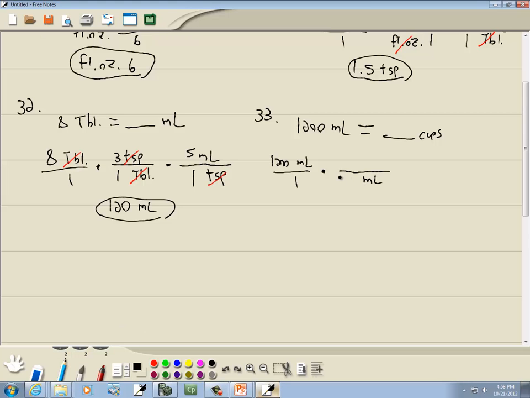So 250 milliliters is equal to 1 cup. Milliliters cancel. Let's see, 1200 divided by 250. 4.8. So 4.8 cups. Assuming I typed that in right on my calculator.